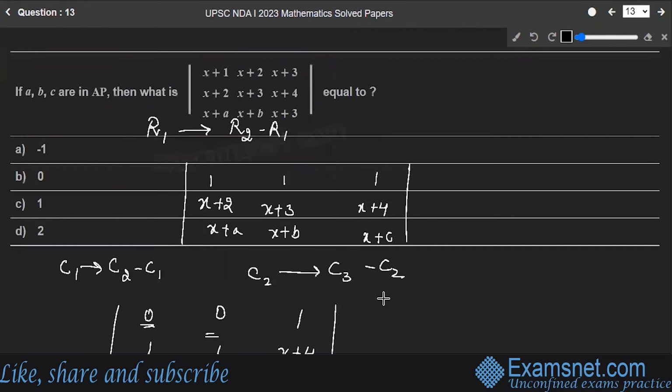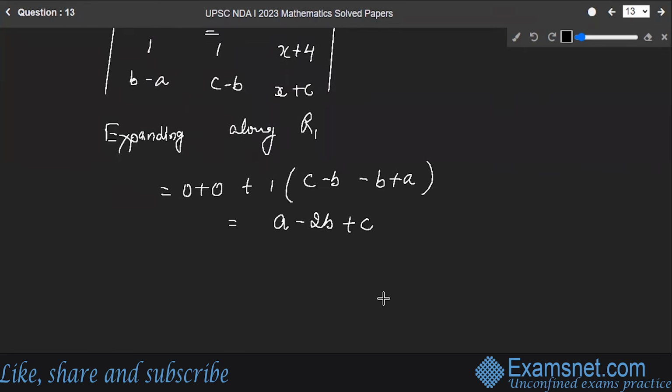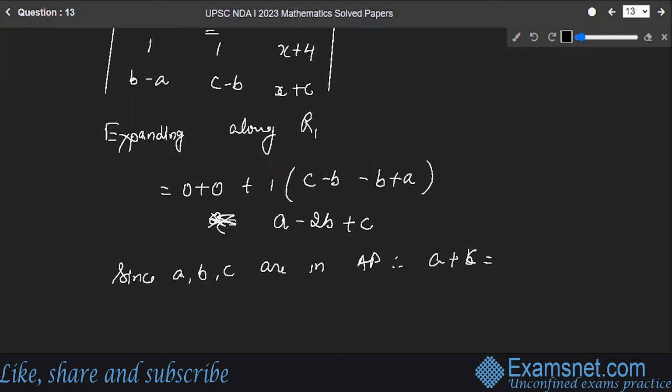Now it's given a, b, c are in AP. So since they are in AP, therefore a plus c is equal to 2b, right?